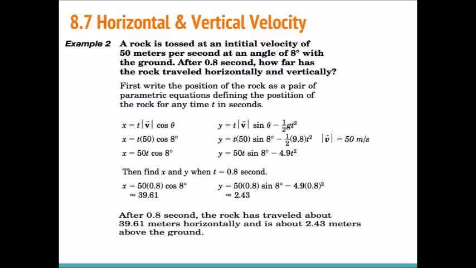So you use the equation y equals t vector v sine theta minus 1/2 g t squared, and you also use x equals t vector v cosine theta. So then you find x and y when t equals 0.8 seconds, which is 39.61 and 2.43.